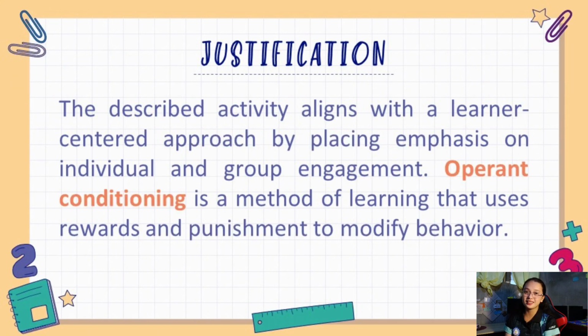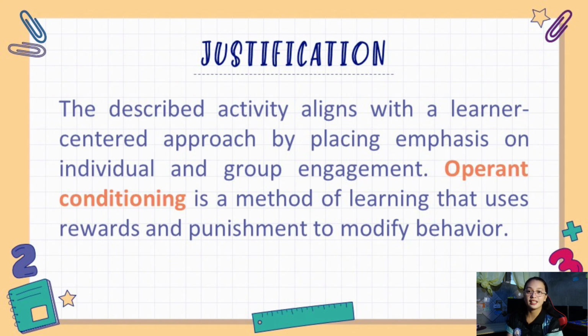The described activity also aligns with a learner-centered approach by placing emphasis on individual and group engagement. Operant conditioning is a method of learning that uses rewards and punishments to modify behavior. Through operant conditioning, the application of rewards and punishments directly involves learners in the shaping of their behavior.